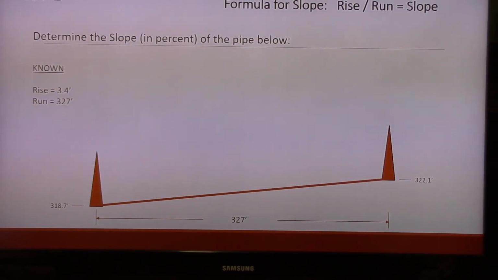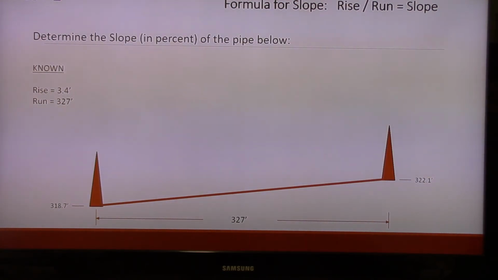Let's move on. Start by recalling that we now have established the rise as 3.4 feet. We're now going to divide that by the run, which is 327 feet, because we know we're going to solve for slope by dividing the rise by the run.